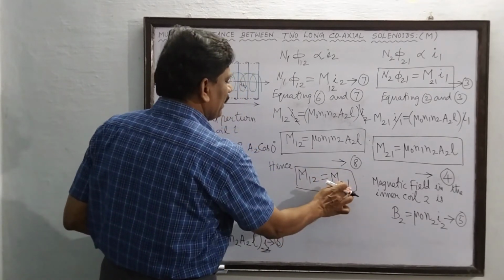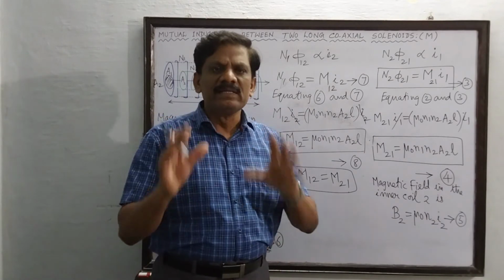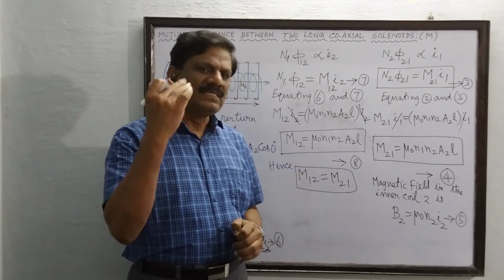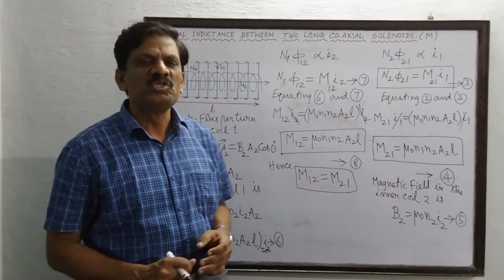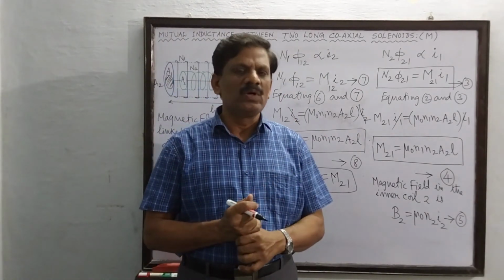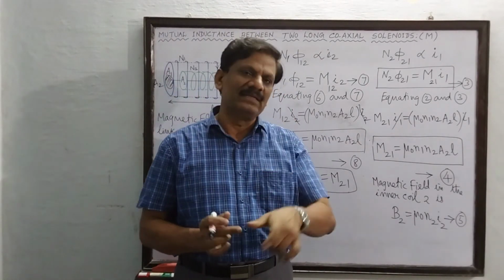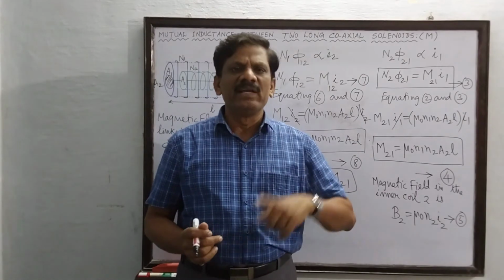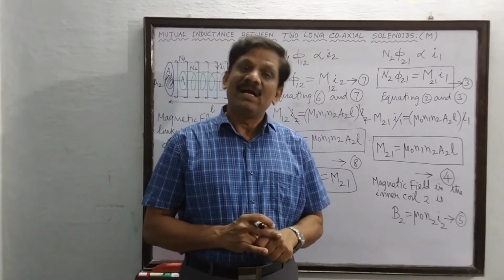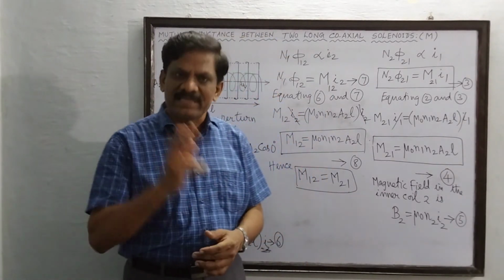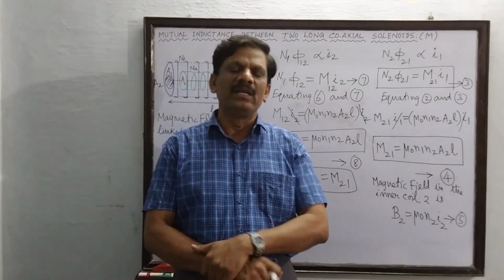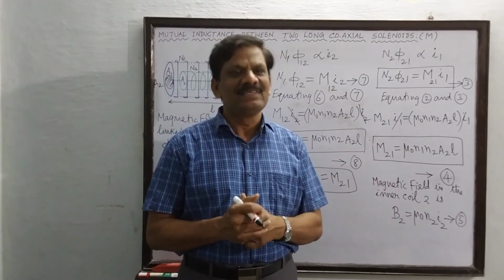So we find that when two coils are placed one inside the other, there is mutual induction between the two coils, and the mutual inductance of the first coil with respect to the second coil, as well as the mutual inductance of the second coil with respect to the first coil, both are one and the same. Is it not?